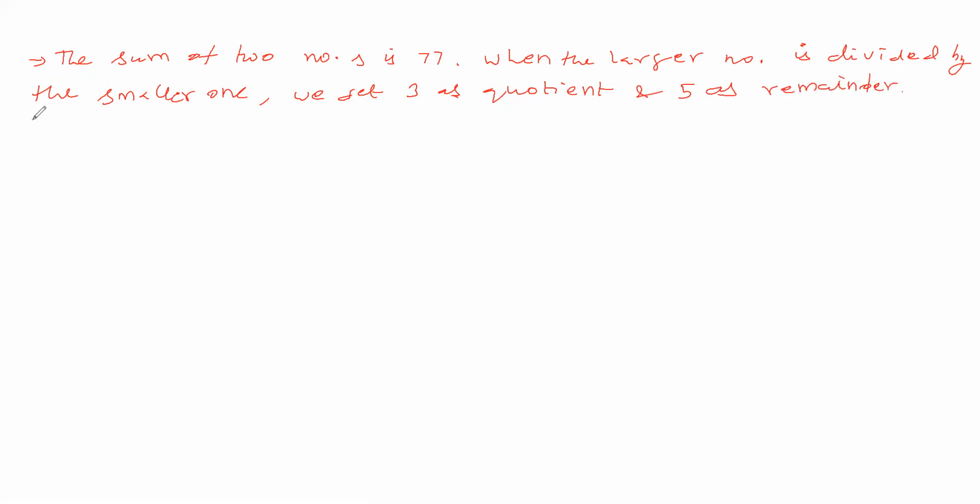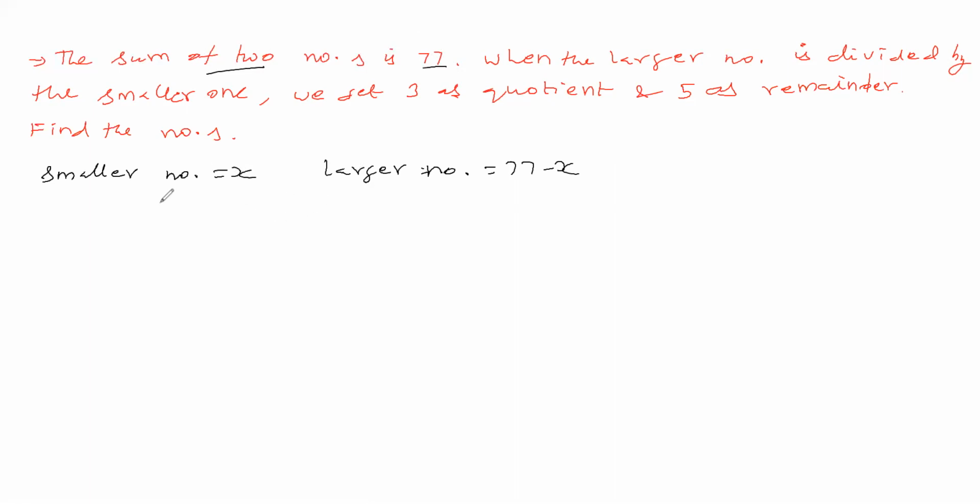Find the numbers. Okay. Now we will consider the smaller number as x. Then the larger number we will consider as 77 minus x, because the sum of these two numbers is 77.